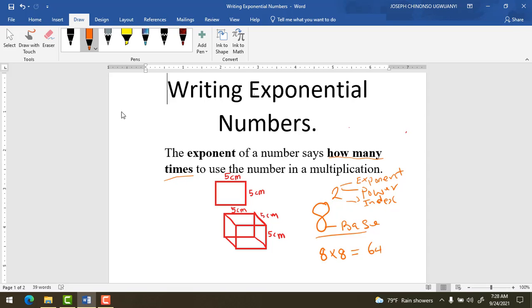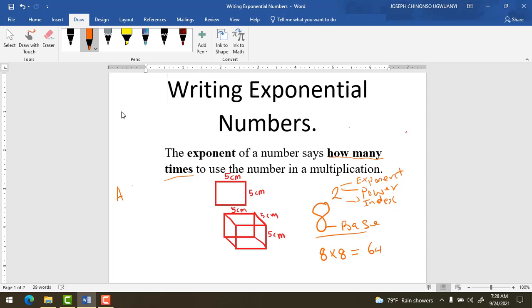Okay, now another example, we have a shape here, a square. We have a square box with sides 5 cm, length 5 cm, width 5 cm. If you want to find, let's say, the area of this square, it will be equal to what? How do you find the area?